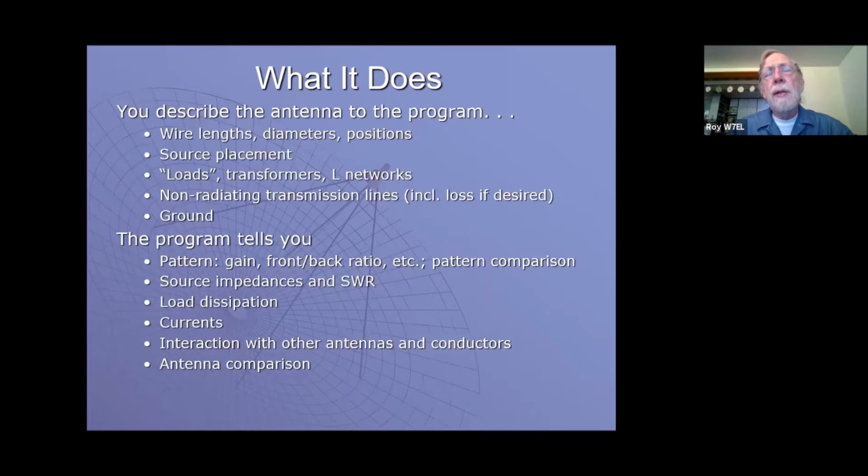I use as an example the proof of performance measurements that are done for AM broadcast stations. And here we're talking about relatively low frequencies, long wavelengths, which are relatively easy to measure with pretty good accuracy. And the AM stations have to do a proof of performance periodically, at least the ones with the antenna pattern with multiple elements, and they have to measure the field strengths at various distances and azimuths relative to the antenna.